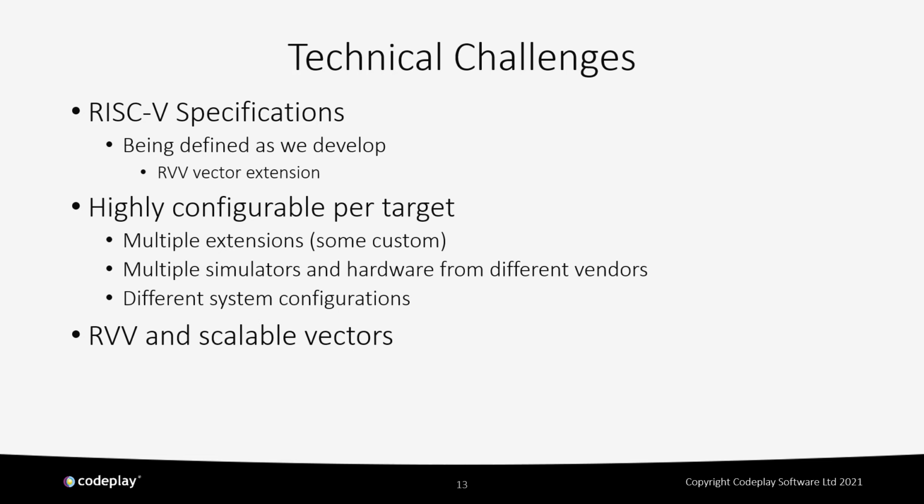As there will be lots of different systems being developed by different vendors, that means there'll be lots of different simulators and hardware targets, each with different communication protocols, which we need to try and support. So our abstraction layer has to be capable of interfacing with a wide range of different communication protocols effectively.